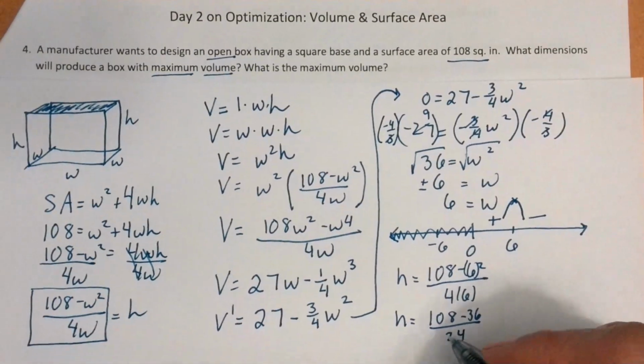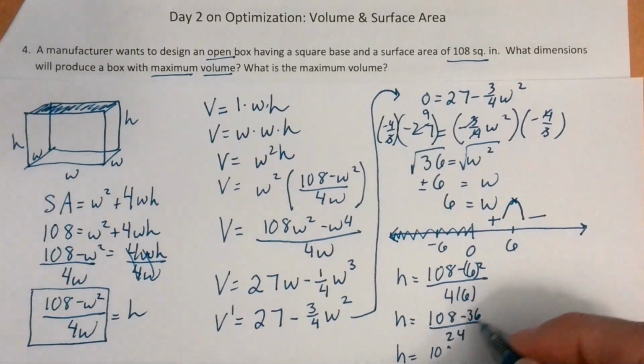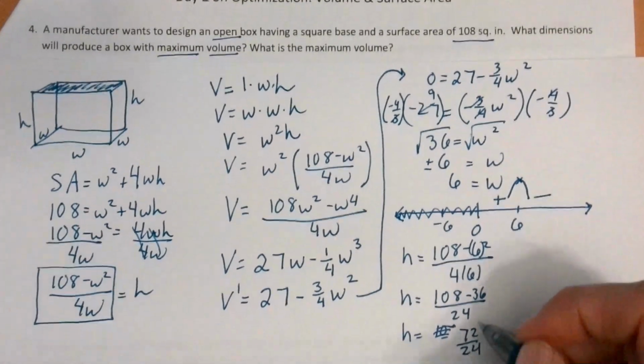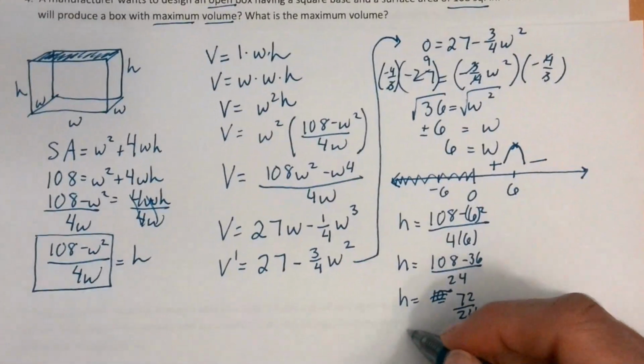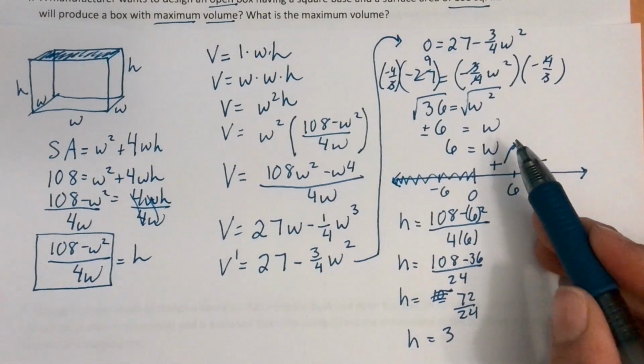And that is 108 minus 36 is going to be, my bad, that's going to be 72 over 24, which is going to be equivalent to 3. So we have a height of 3, we have a width of 6.